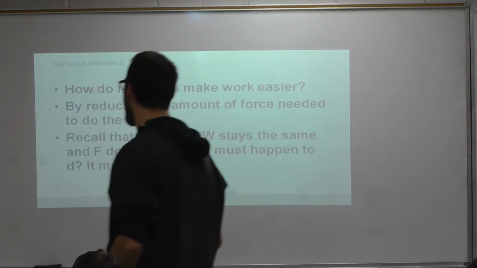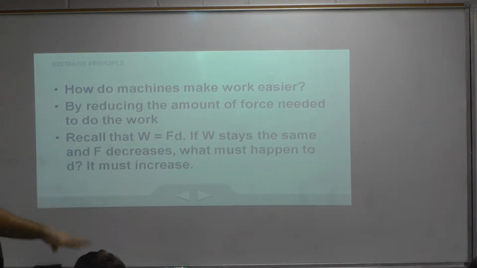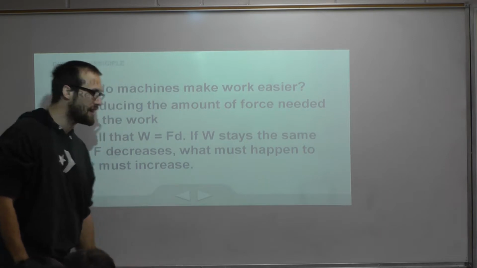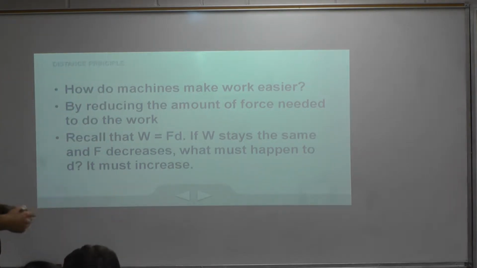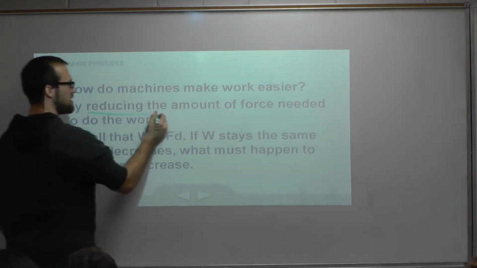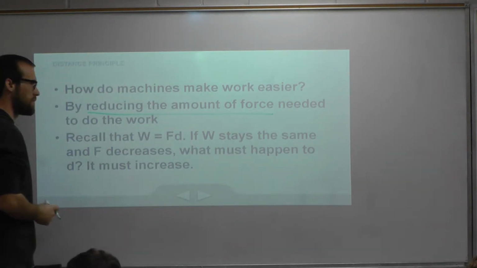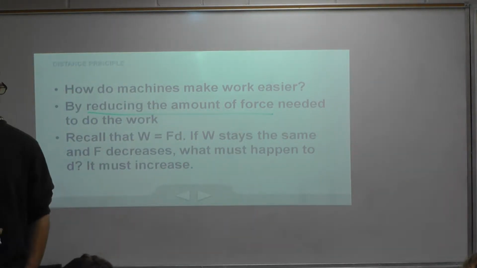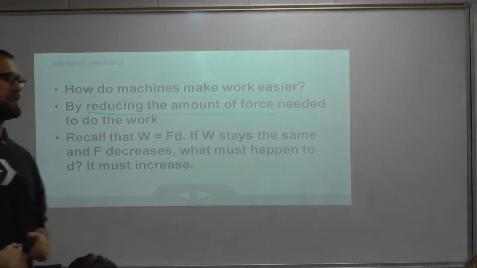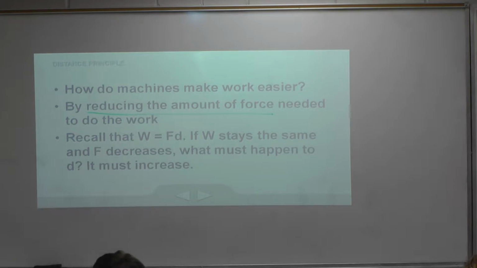So the question today then, and we talked a little bit about this yesterday and also already a little bit today: how does a machine make the work easier? It makes the work easier by reducing the force needed to do the work. The question is, how does it reduce the force?